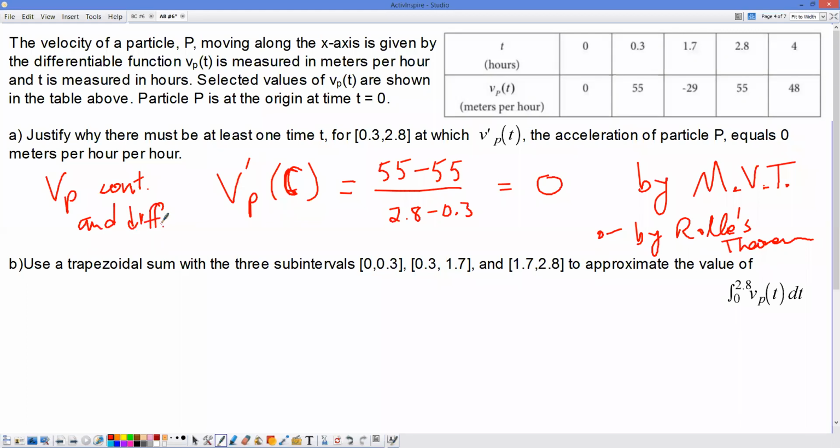No, that's not correct at all, because we're specifically asking about the derivative of it, and the intermediate value theorem doesn't deal with the derivative at all. Right, but I said if velocity was 0, then acceleration is 0. If velocity is 0, acceleration is not necessarily 0. That's not true. Okay.